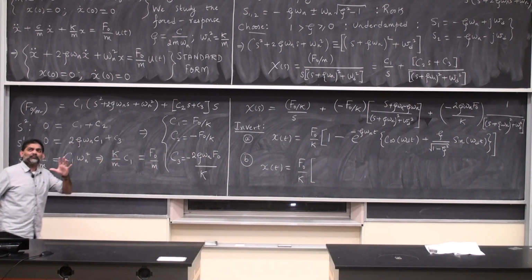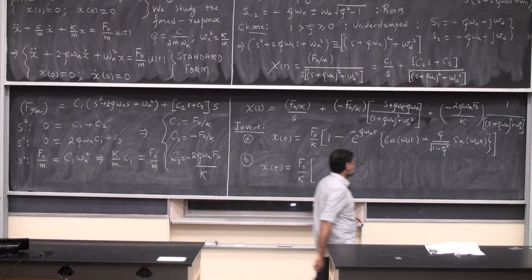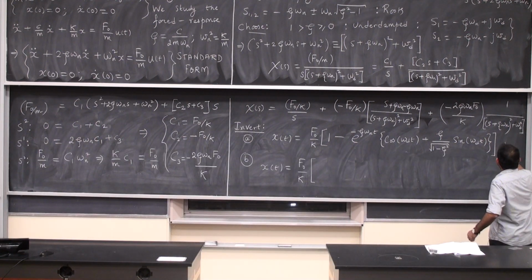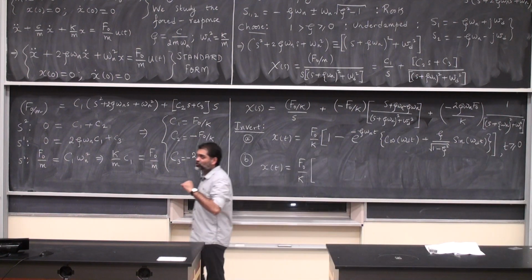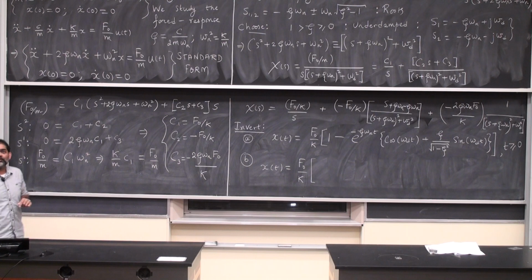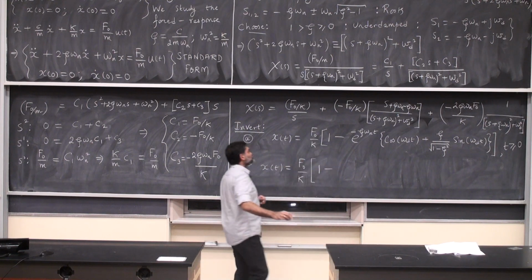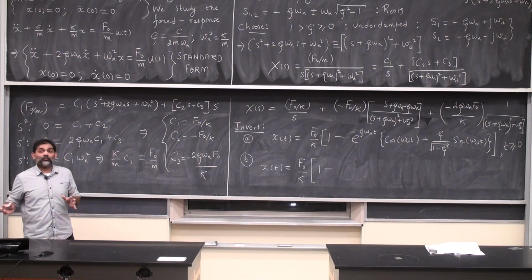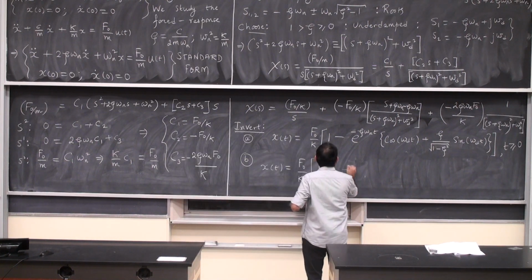That 1 is nothing but the step function, and so this is essentially for t greater than or equal to 0. I'm avoiding writing the step function by saying this is only for positive time. Okay? So F naught by k, the 1 remains, can't do much without that 1. E to the power minus zeta omega n t, that's the envelope of the decaying curve, so you cannot get rid of that creature.